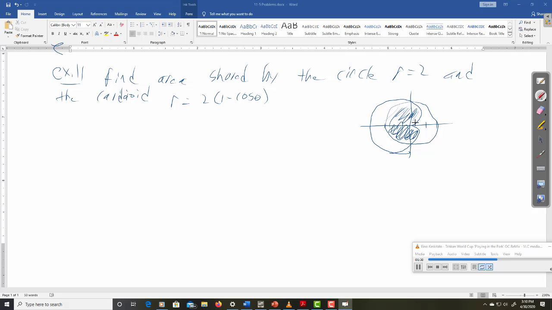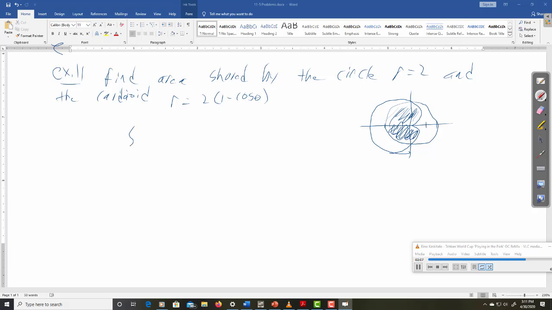If we were trying to find the area over here, we'd have to do subtraction, this minus this, just like with rectangular integrals. But this is more of a sum of areas, because integrating this one from 0 to pi over 2 would get us this. Integrating this half of the circle would get us that area. So really, what we want is one of these. Since it's symmetric, we can just double it.